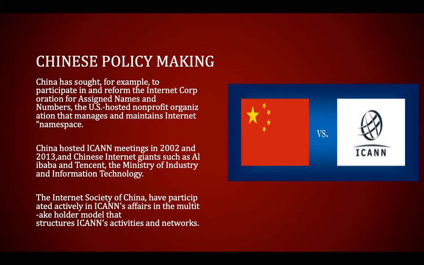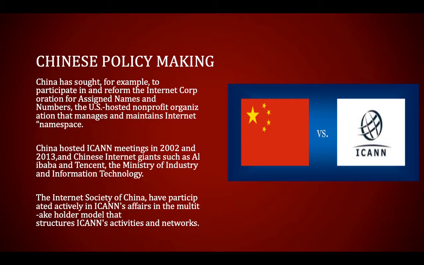China hosted the ICANN meeting in 2002 and 2013, and Chinese internet giants such as Alibaba, Tencent, and the Ministry of Industrial and Information Technology attended. The Internet Society of China has actively participated in affairs of the multi-stakeholder groups and activities and networks.